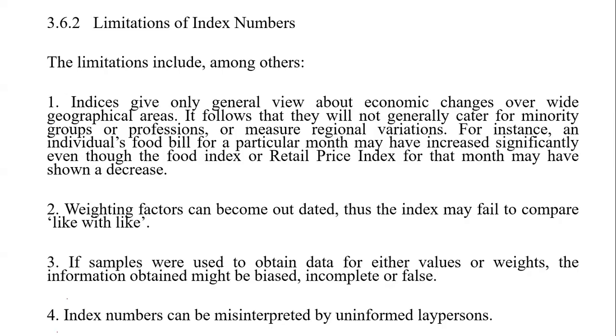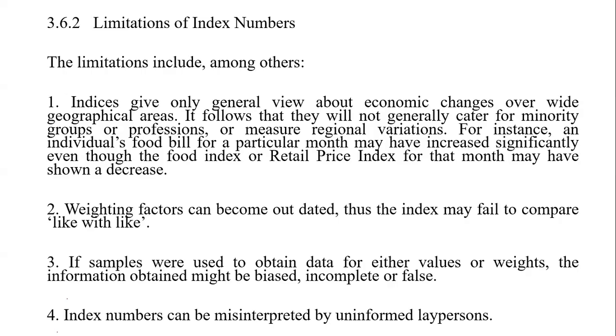Four, index numbers can be misinterpreted by uninformed lay persons. Good. So if you conduct a survey on academics, and you go and ask market women, you do your sampling from market women, what result do you expect to get?